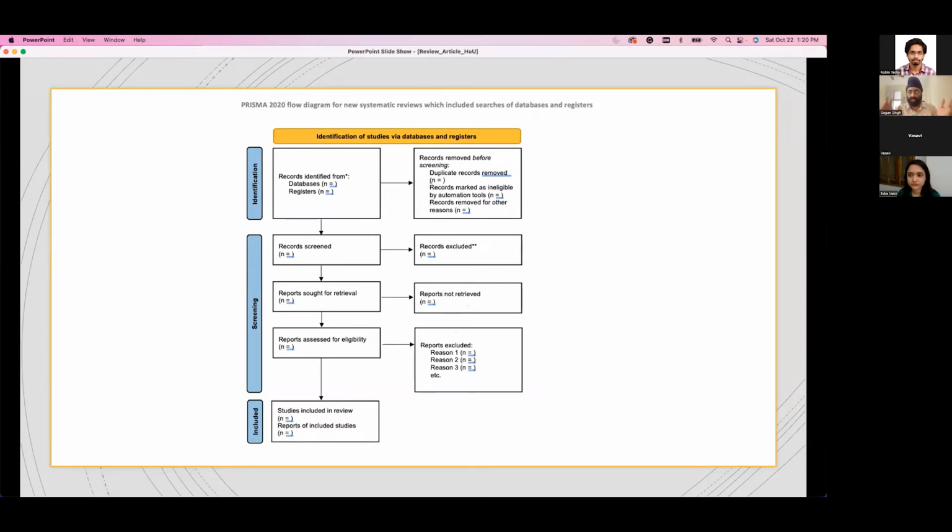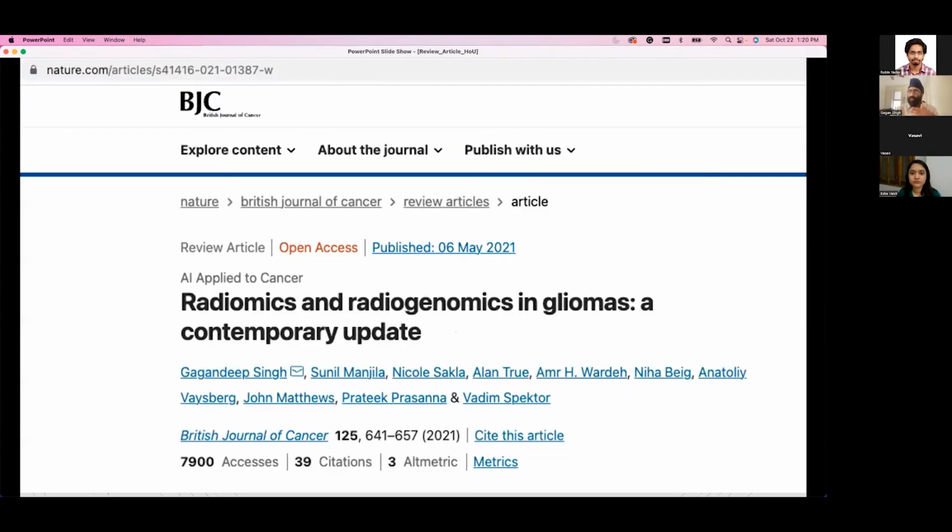There are multiple databases. You can pick any 2 or 3. People say at least 3, more is better. But most of the time, if you start with PubMed, you will get most of the information. So you say how many databases you looked into, what your inclusion and exclusion criteria were, how many cases you looked at, how many patients they had. It's a flowchart that they will require.